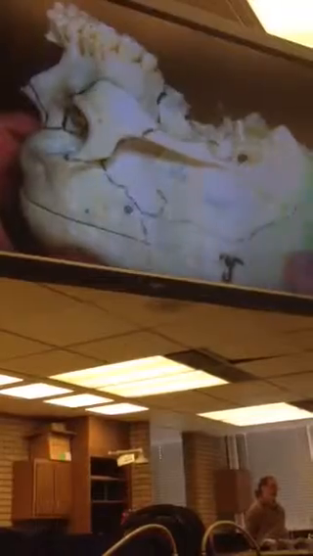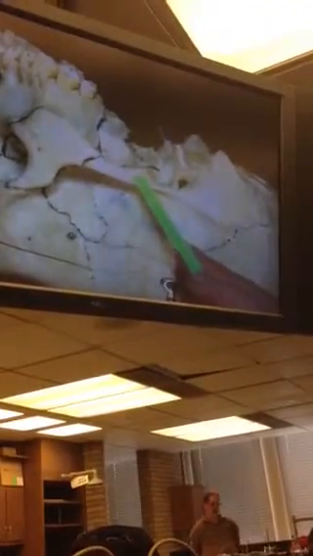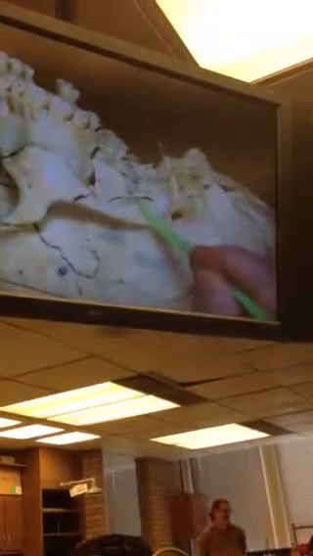But we have a temporal bone over here with the mastoid process and the zygomatic process of the temporal bone. Here's the articular tubercle, and this ridge in here is the articular eminence, just in front of this depression. That is the glenoid fossa, or the mandibular fossa area.